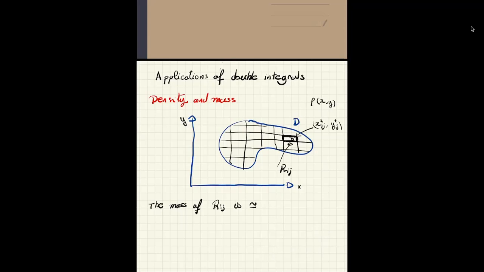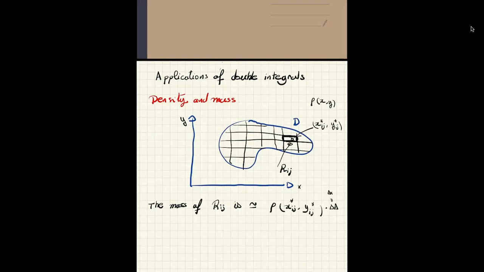So you take the density at this point, x_ij star, y_ij star, and then you multiply by the area of the rectangle, which we call delta A, delta x delta y.